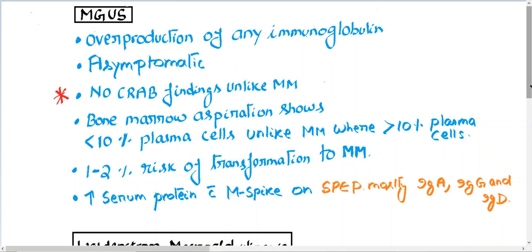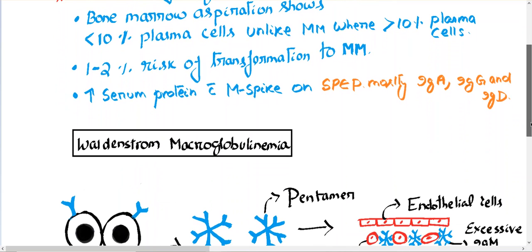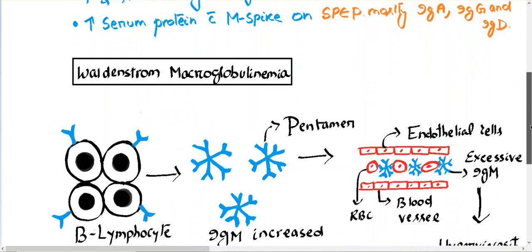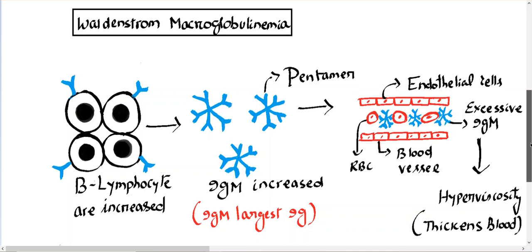That is where follow up is a must. There will be an increased serum M spike on serum protein electrophoresis, and that will be mostly IgA, IgG and IgM.